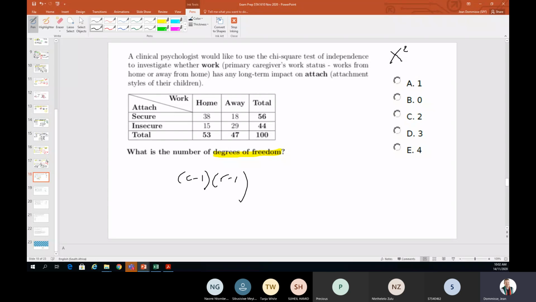How many columns? 1, 2. So 2 minus 1. How many rows? 1, 2. 2 minus 1. So 2 minus 1 is 1. So 1 times 1 is 1. And our right answer is 1.